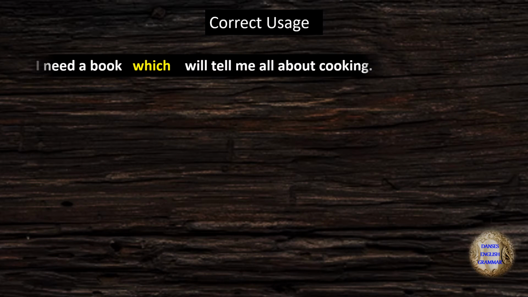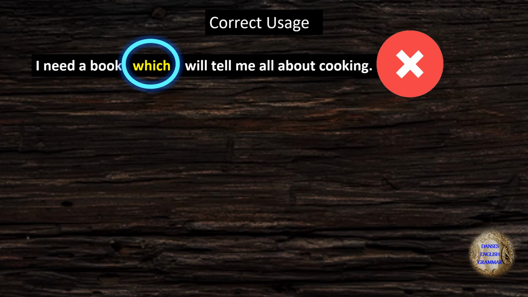Let's look into an example sentence. I need a book which will tell me all about cooking. Let's recap what I said earlier. I told you if you use the word which in a sentence, you have to use it only when you need to give some extra information. So in this context, this is an incorrect usage.